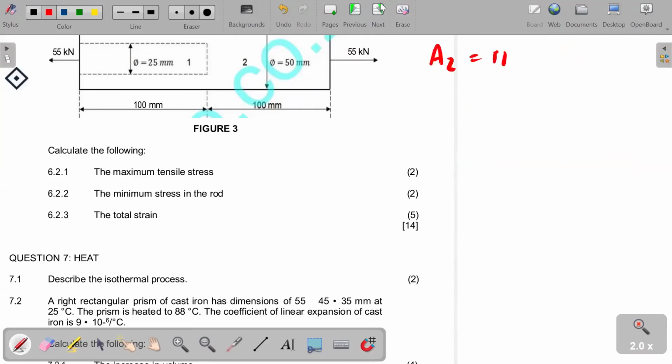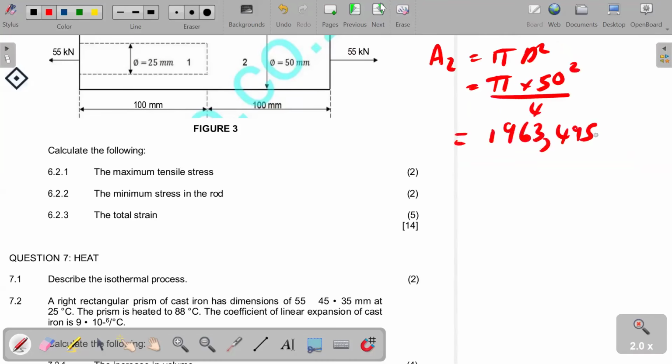A2 is going to be given by pi G squared over 4, and that gives us pi times 50 squared over 4, and that is 1,963.495 square millimeters. Okay, so minimum stress is going to be equal to F over A2.